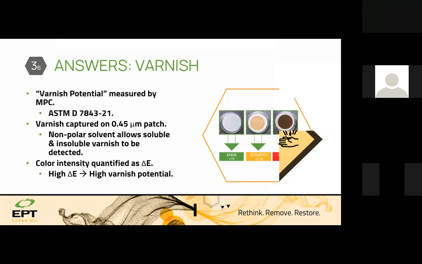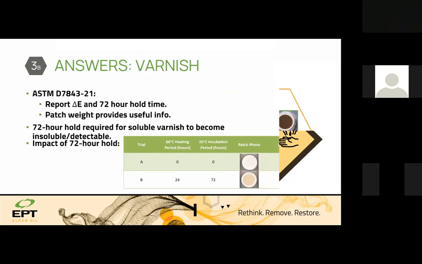I will tell you about the ASTM method, and then out of this patch test, the color intensity of the lube oil sample shows or gives an indication of how saturated the oil is from the varnish or from oxidation materials. So the test should be done properly.